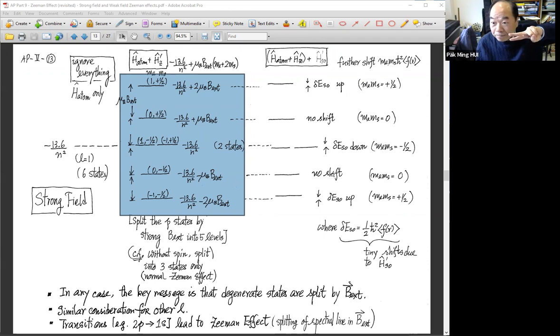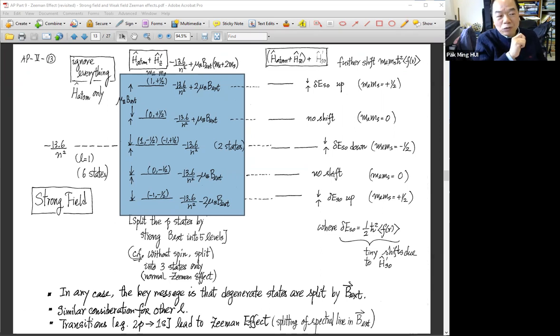You have spin equals plus half, minus half. And then you have 5 different energies up there and 2 different energies down there. And then you can count how many transitions, how many lines you will see. Of course, there are selection rules governing which one can go down to which one, the rules about transitions.